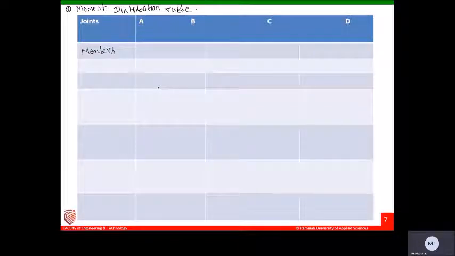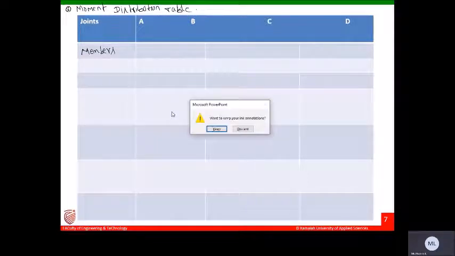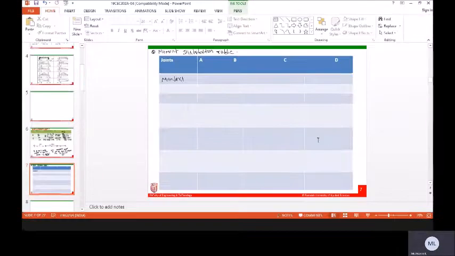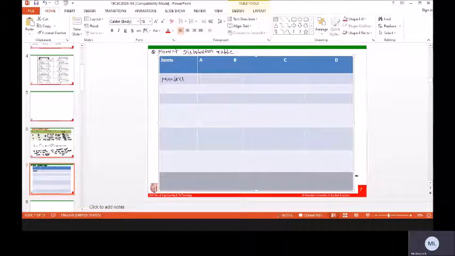Here it is member, distribution factor and FEM. 1, 2, 3, 4. Here you can add another column.